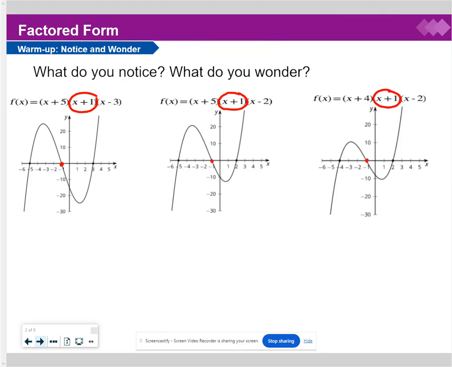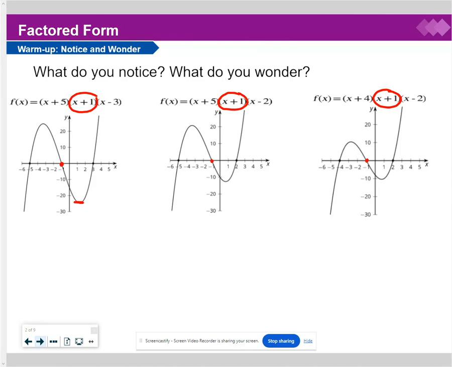You could maybe wonder at this point why all three graphs look so similar. Maybe wonder why this first graph ends up going so much lower right here than the other ones. See what might be coming from those factors possibly.